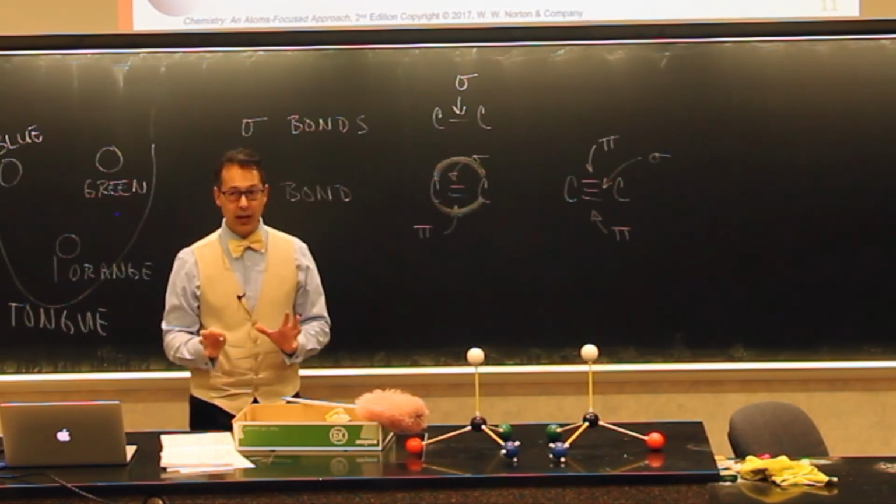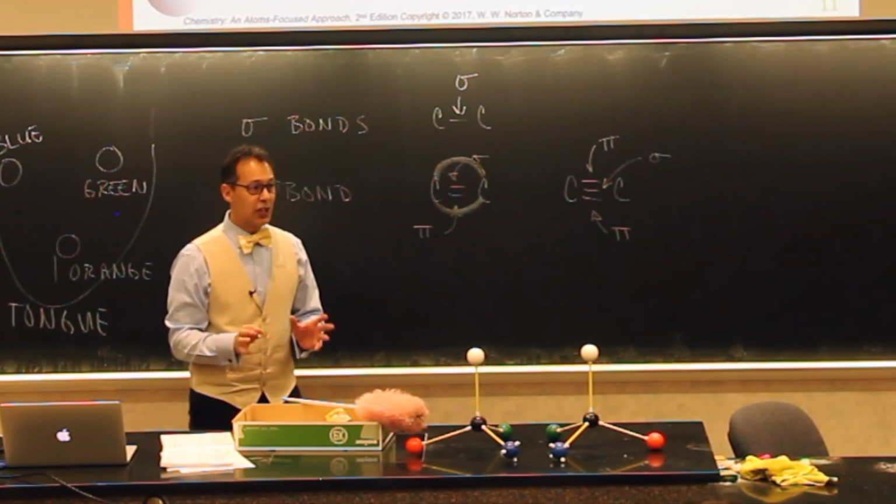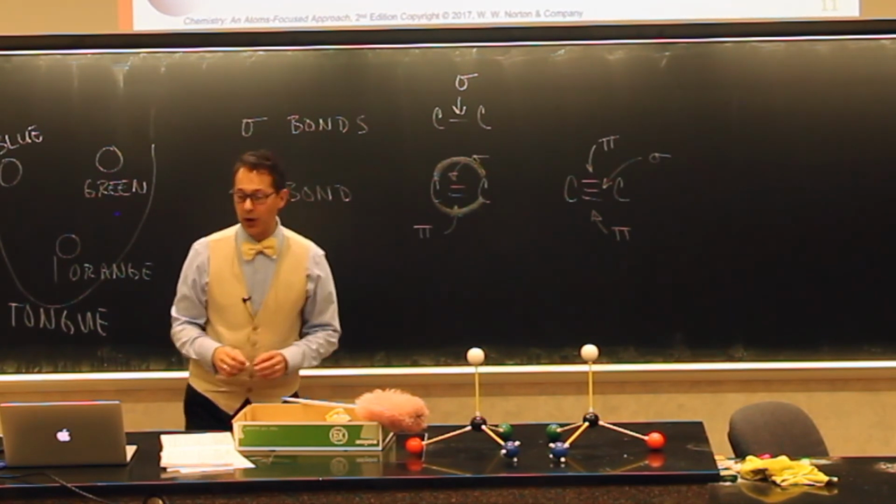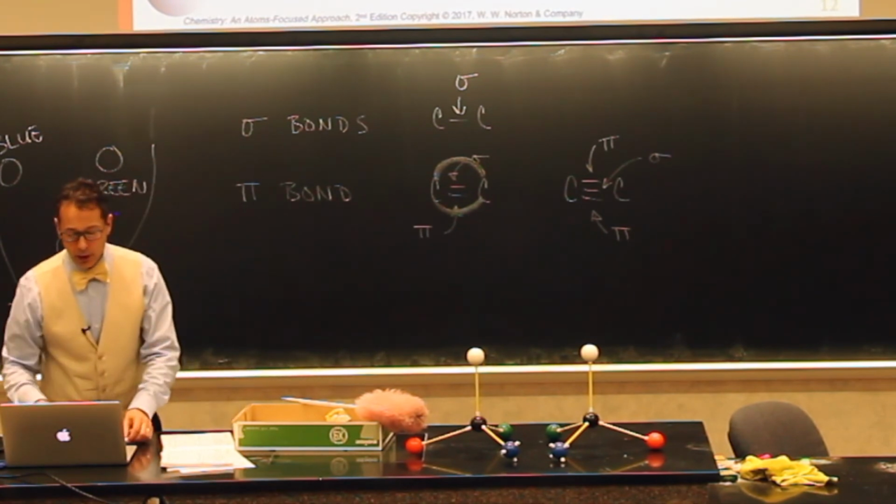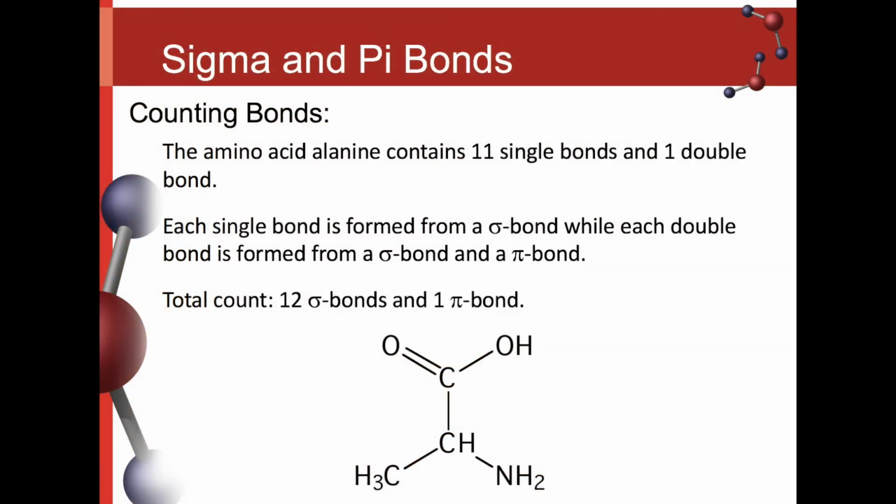What I want you to be able to do is look at a molecule and count up the sigma and pi bonds. Can you identify where the sigma and pi bonds are? So for example, here's a molecule, and this is a chemist being kind of lazy.